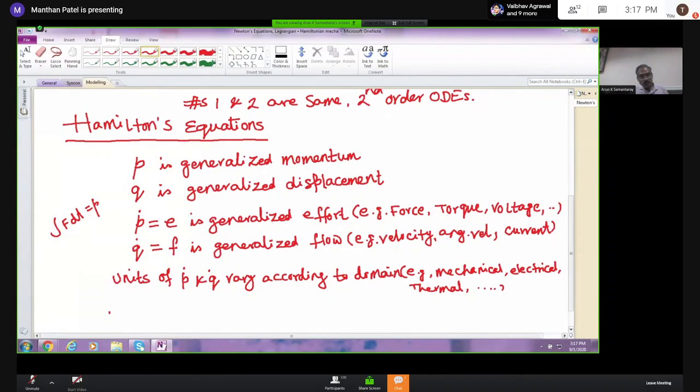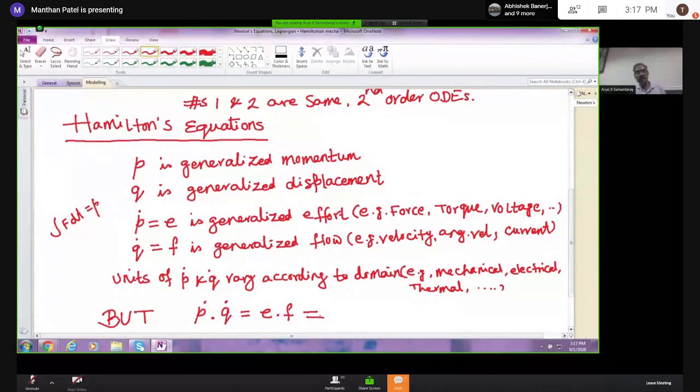But P dot, dot product with Q dot, that is E dot F.